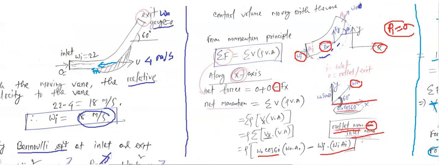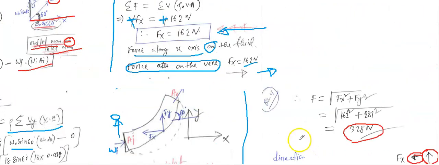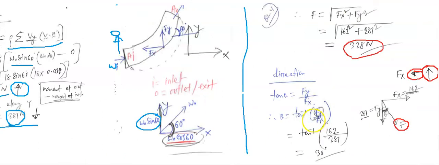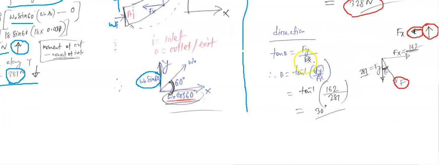So now you see, we said the general formula is Fy over Fx, but you always need to consider which way the angle is created, so it should be this force over this force. That's why it's 162 over 281. If it creates the angle theta here, then you will write this force over this force.